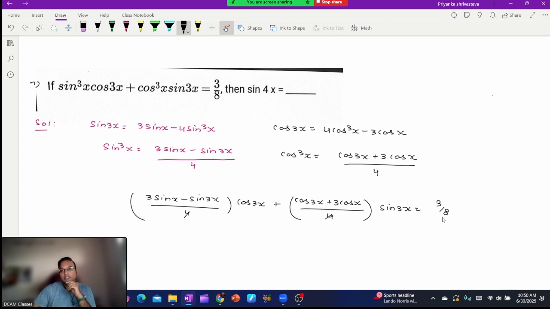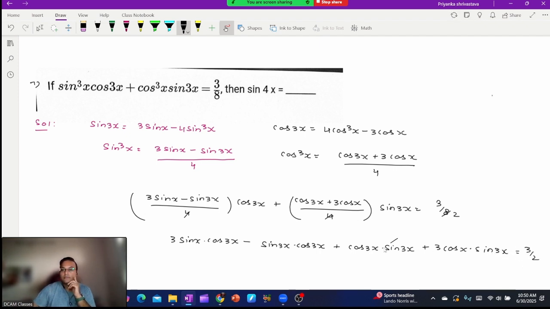Let's cancel these out. So 3 sin x cos 3x minus sin 3x cos 3x plus cos 3x sin 3x plus 3 cos x sin 3x is equal to 3 by 2.